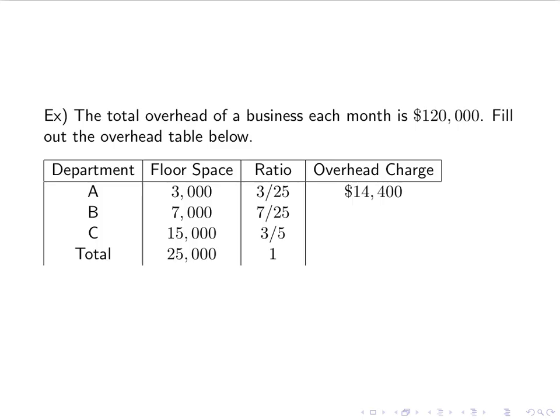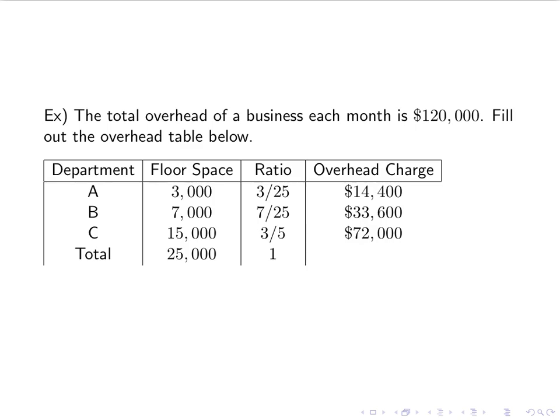So for Department B, we take our 7/25 multiplied by the 120,000. We get 33,600. And then lastly, for Department C, we take their ratio and then multiply again by the 120,000. We get 72,000.